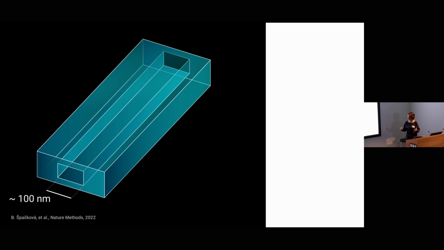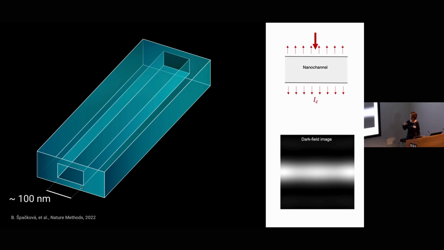Basically, they have to be bigger than the molecule, so the molecule can flow inside and freely diffuse. Then we shine a light on these nanochannels and collect the scattered photons using dark field microscopy, the same dark field microscopy that has been around for more than 100 years. These nanochannels are quite efficient scatterers, so in any dark field microscope, you can see a nanochannel as a bright line.